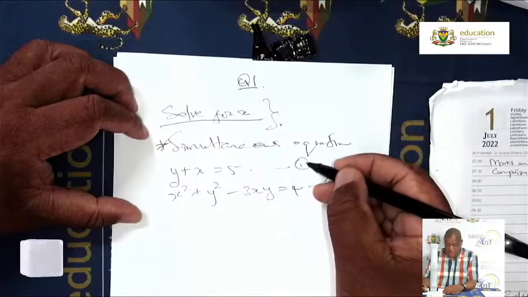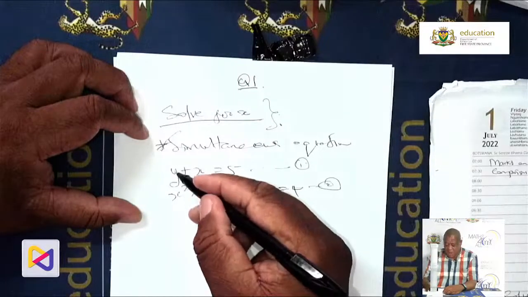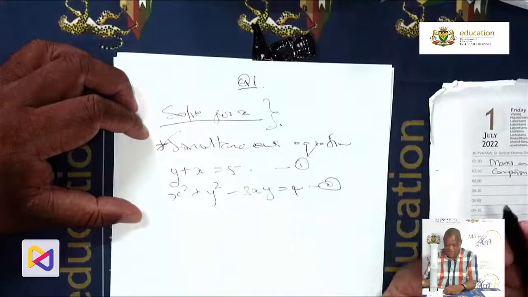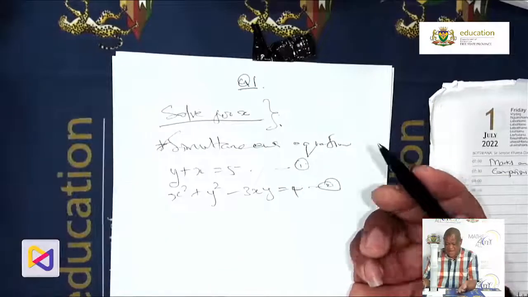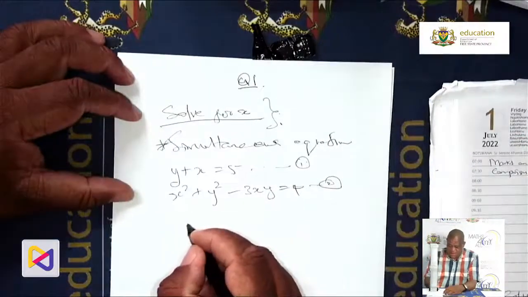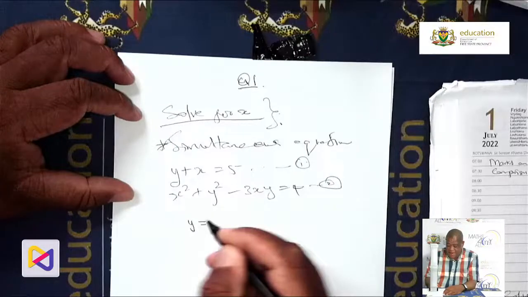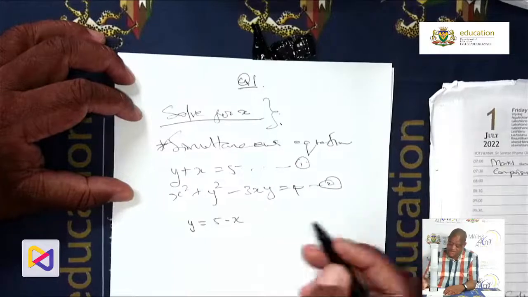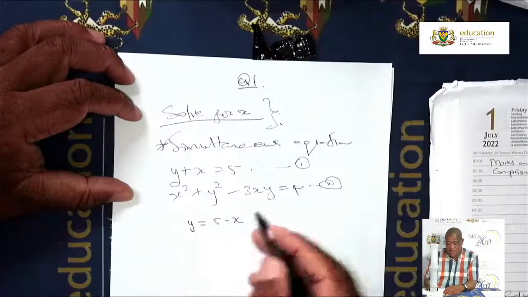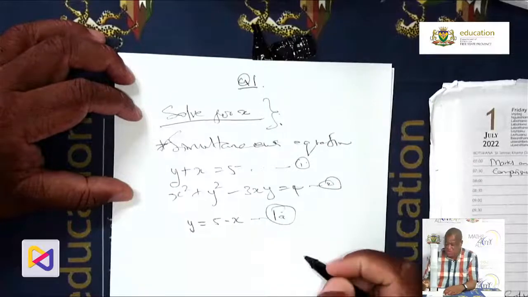You take the first equation, because it's linear, then you can make either y or x the subject. For this kind of equation, it's easy to make either x or y the subject. So one will say, let me make y equal to, therefore, I'm transposing the x to the other side, it becomes 5 minus x. So y is equal to 5 minus x. That comes from equation 1, then I can call it equation 1a.